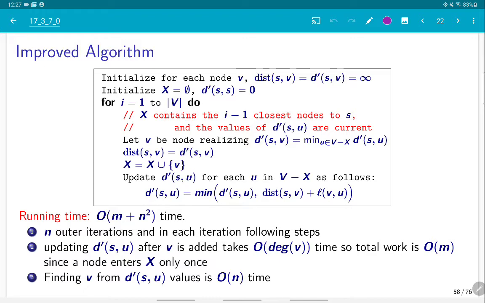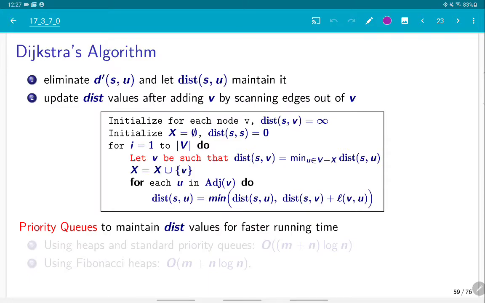Okay, this is of course silly because we are paying n squared for an operation which shouldn't be that expensive, right? Finding the vertex outside the current set which is realizing the minimum candidate distance, we don't need to pay that much for it, right? We can do it more efficiently by using a data structure. So which data structure are we going to use? Well, we're going to use a priority queue, right?